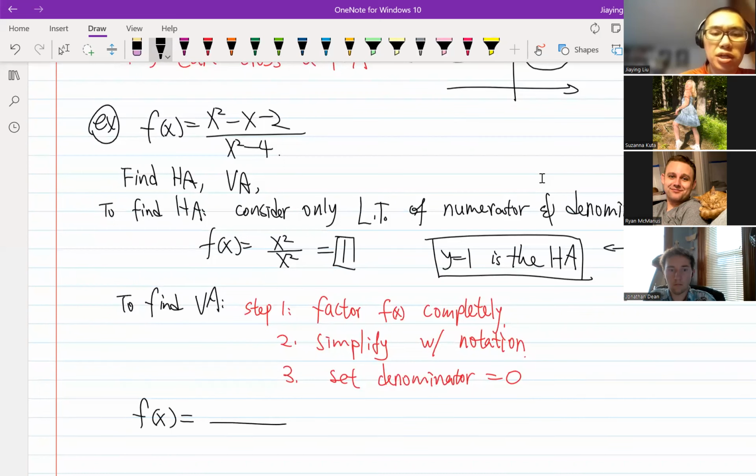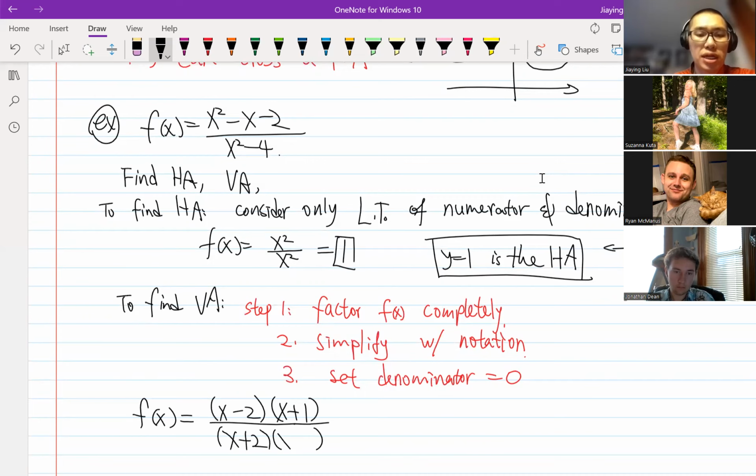In the numerator, we can factor x squared minus x minus 2. So that's x. We need 2 numbers that multiply to give -2 and when we add, we get -1. So -2 plus 1. And the denominator is x squared minus 2 squared. That's a difference of squares. So we get x plus 2, x minus 2.